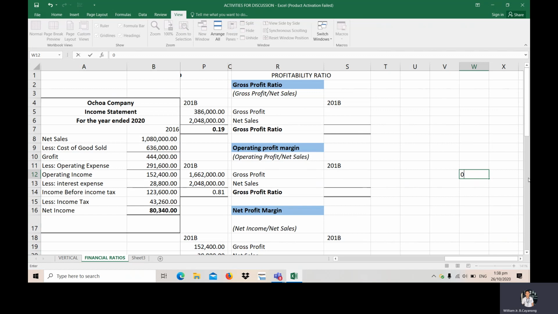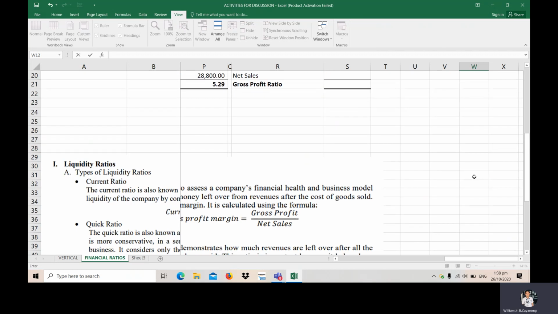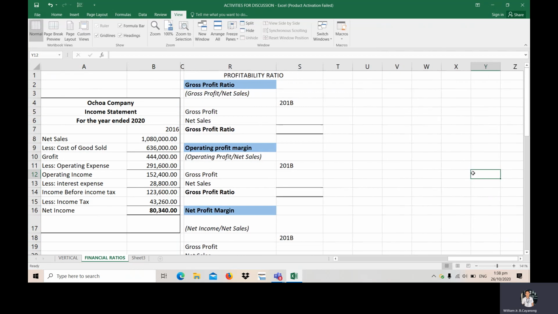For our gross profit ratio, we need our gross profit divided by our net sales. We are just measuring what percentage our gross profit is of net sales. So our gross profit here is 444,000 and our net sales here is 1,080,000. So our gross profit ratio here is 444 divided by the net sales.